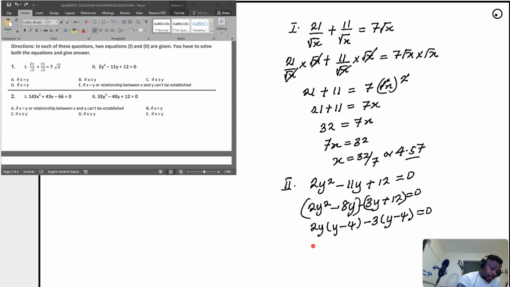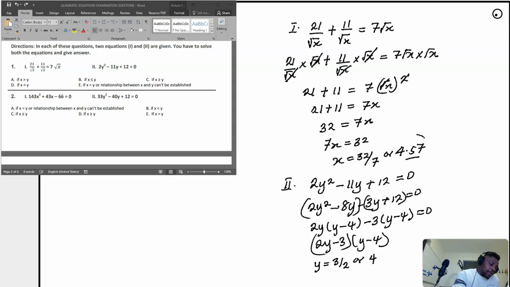So here 2y minus 3 and y minus 4. So y is equal to 3 over 2 or 4. So now let's compare x and y.